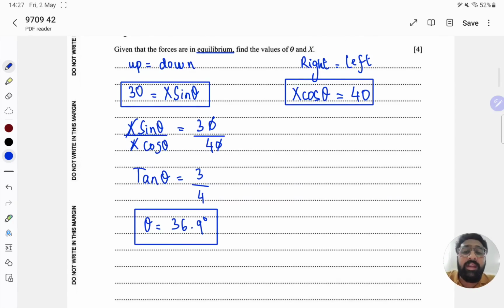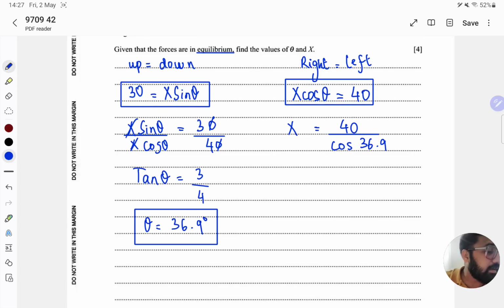Now, to find the value of x, we can substitute into either of the above equations, the left or the right. That doesn't make any difference. So let's substitute in the right one. x equals 40 divided by cos 36.9.